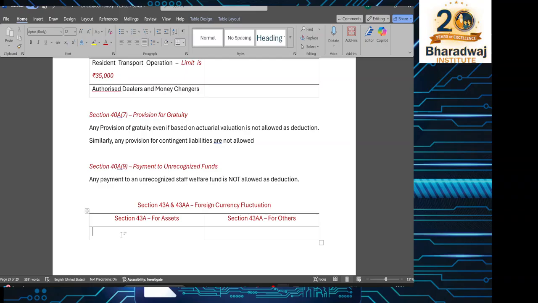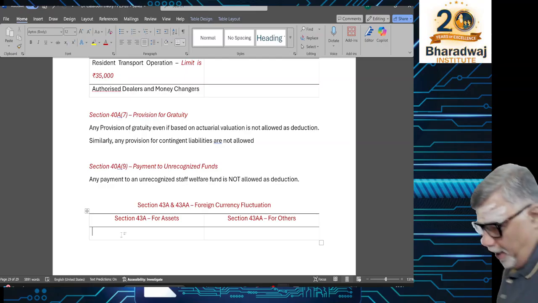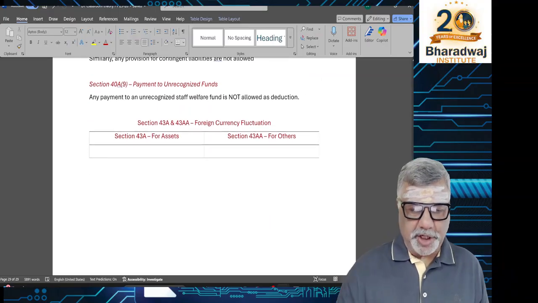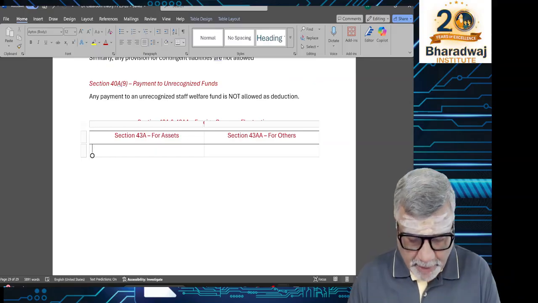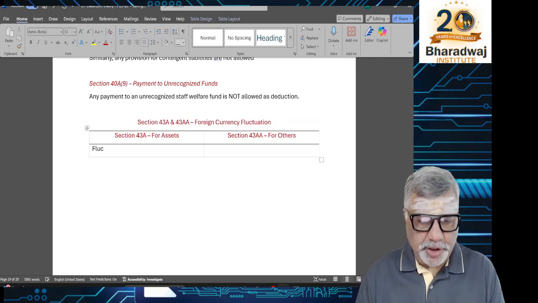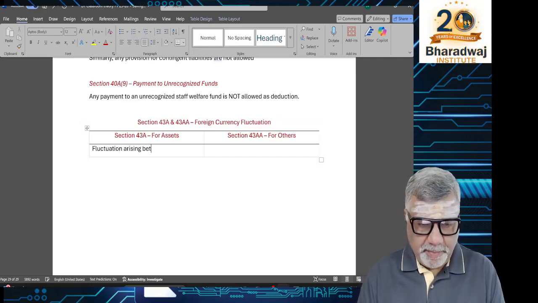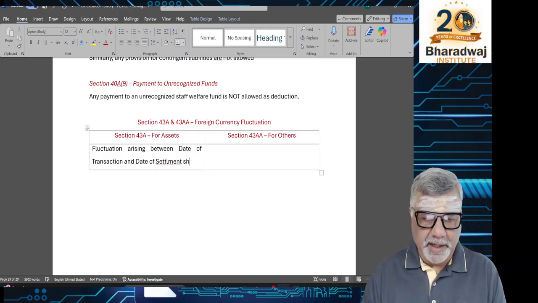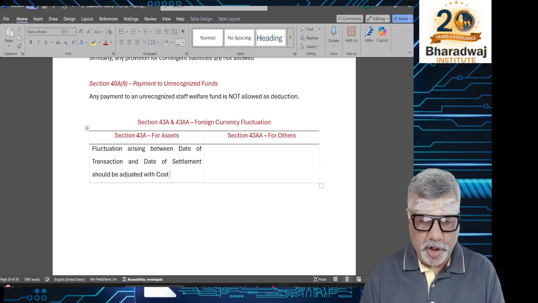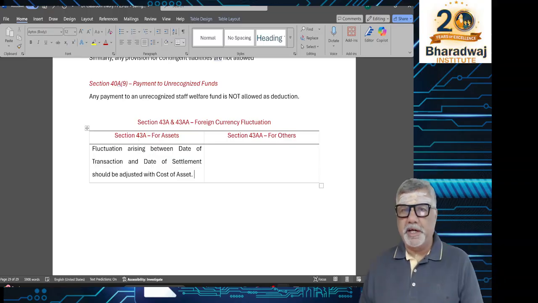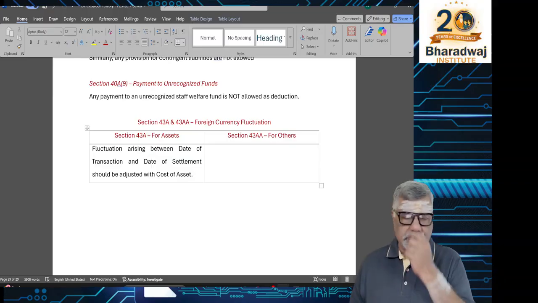While writing depreciation for addition, we gave a lot of explanation: what is cost of addition? Fluctuation arising between the date of transaction and the date of settlement should be adjusted with the cost of the asset. It should be increased or decreased with the cost of the asset.